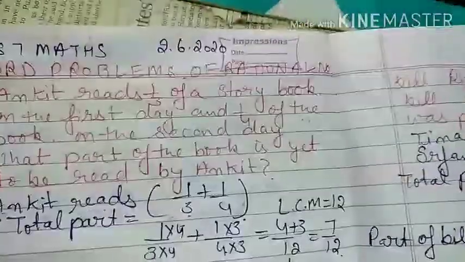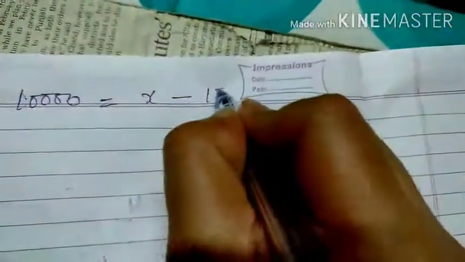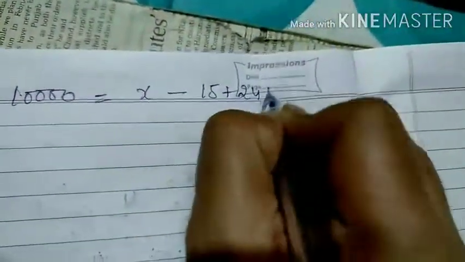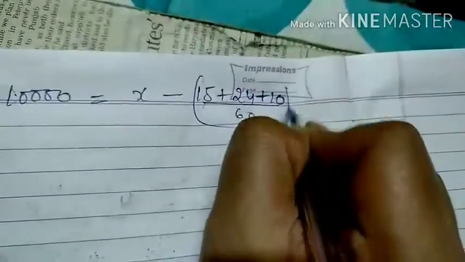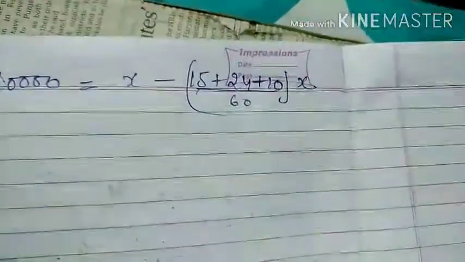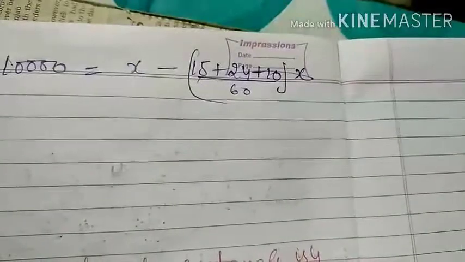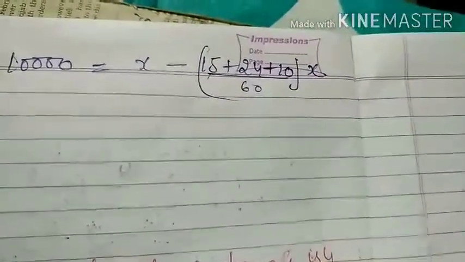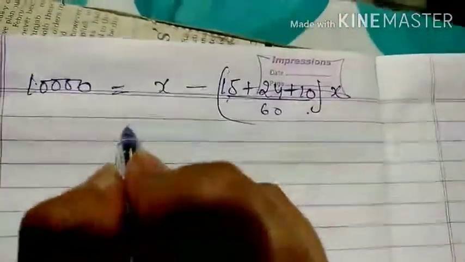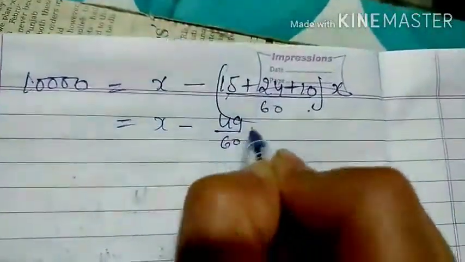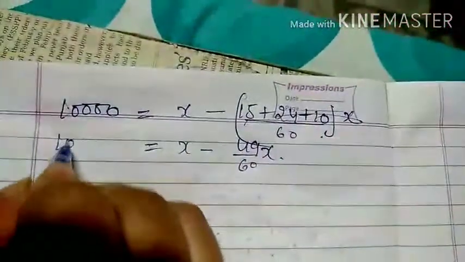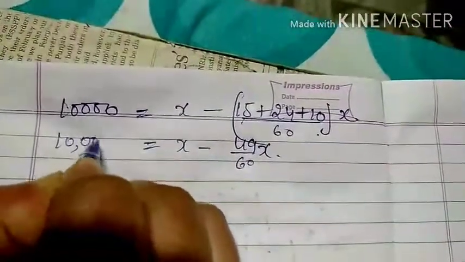Now in the next statement, 10,000 is equal to x minus, when you solve this one, 15 plus 24 plus 10 by 60, so that gives you x. Now when you add this, 39 plus 10 is 49, x minus 49 by 60 x, then 10,000.